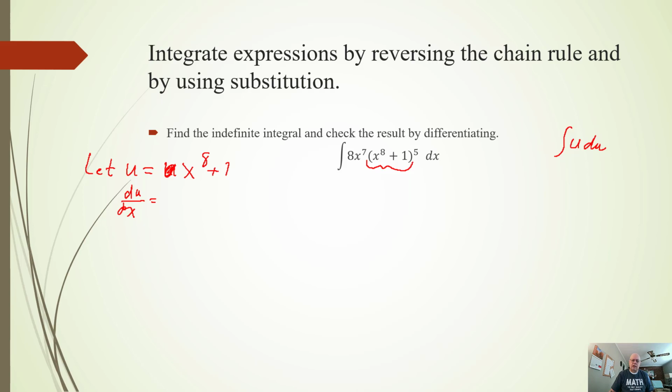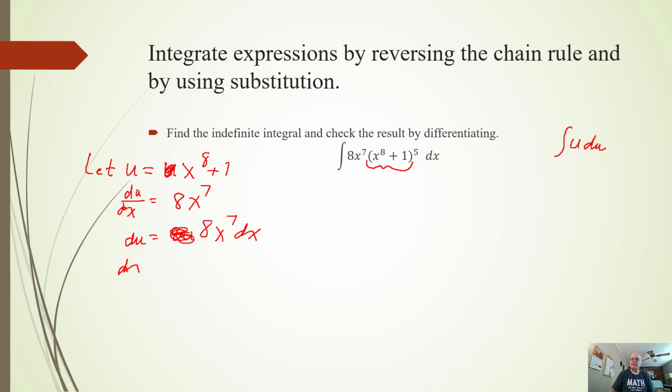So that'll give us 8x to the 7th, and we want du, so we're going to solve this for dx, and du equals 8x to the 7th dx, just multiply by dx.